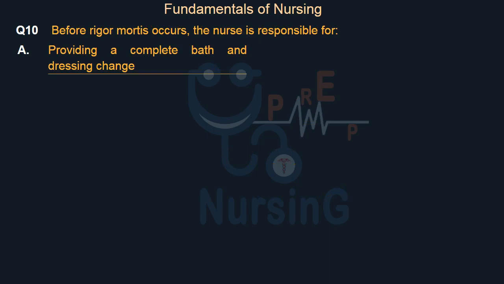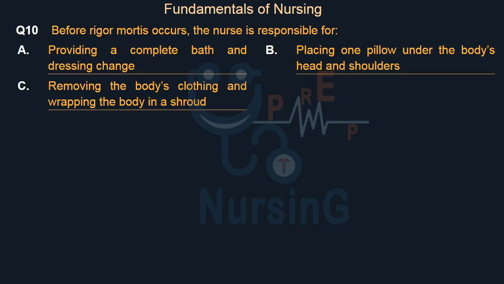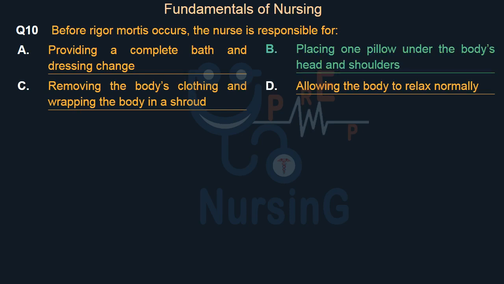Providing a complete bath and dressing change. Option B. Placing one pillow under the body's head and shoulders. Option C. Removing the body's clothing and wrapping the body in a shroud. Option D. Allowing the body to relax normally. Right answer is Option B. Placing one pillow under the body's head and shoulders.